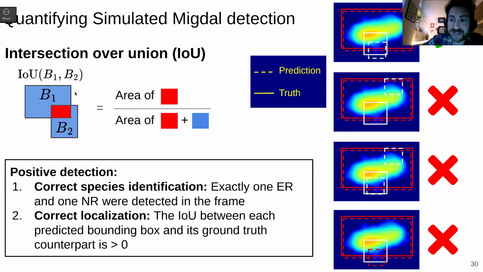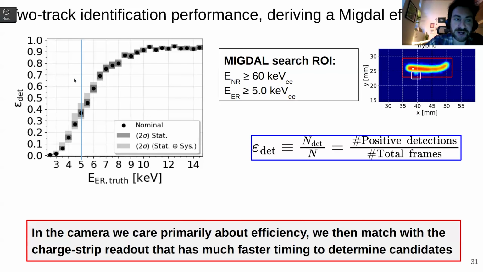Then in our experiment, what we are interested in with our camera is identifying our efficiency of detecting the Migdal effect. I'm not including purity here because some of that purity also comes into dealing with more sophisticated background models, and so that's a more complicated study. What we want is just to make sure that our selections achieve adequate efficiencies for us.